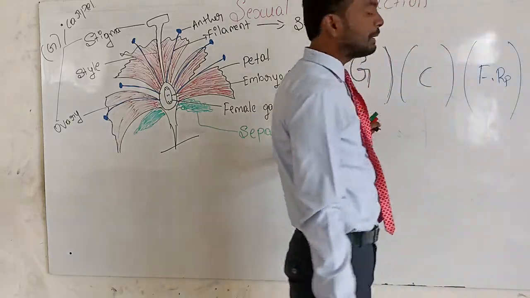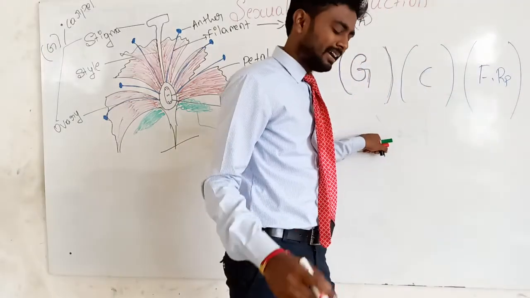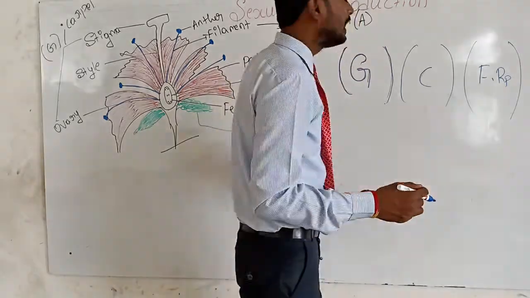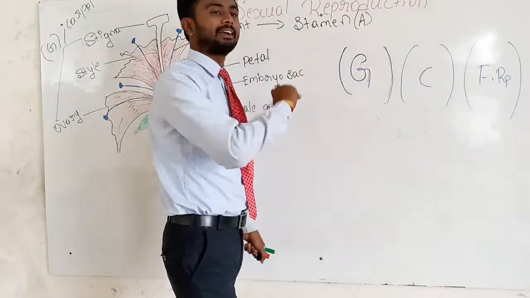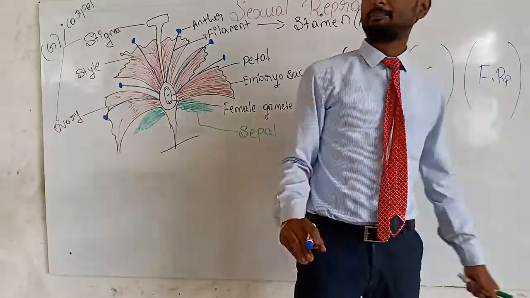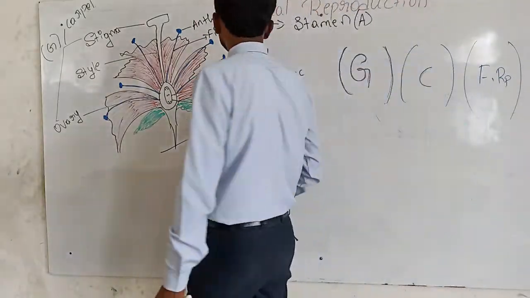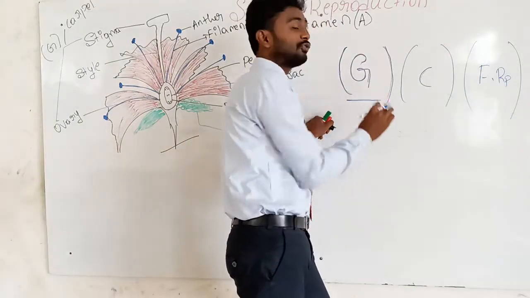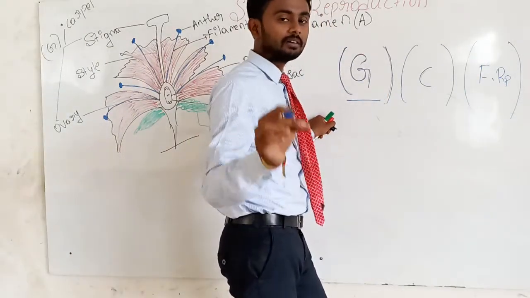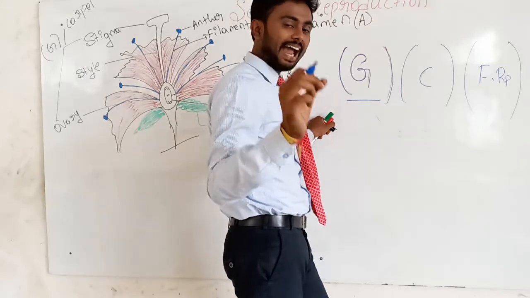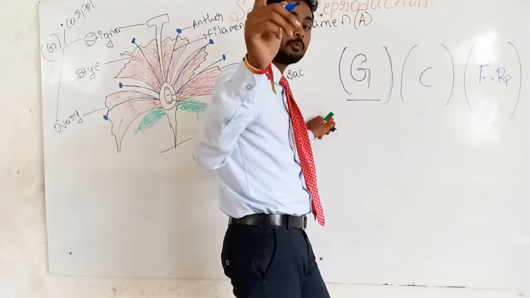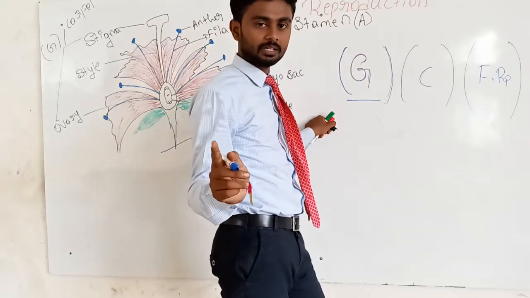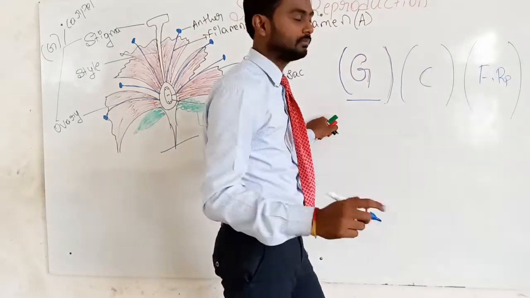In the flower, the female reproductive part is known as what? Gynoecium. G for gynoecium. The gynoecium is the female reproductive part which is present in the flower. Clear all of you?